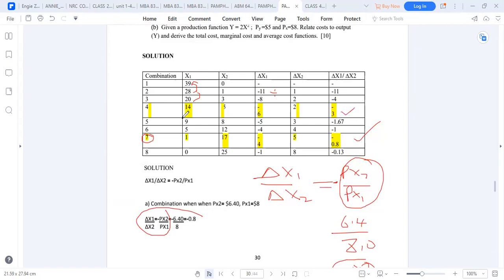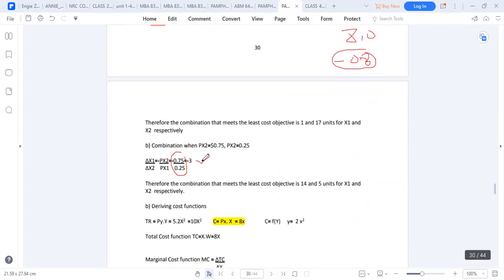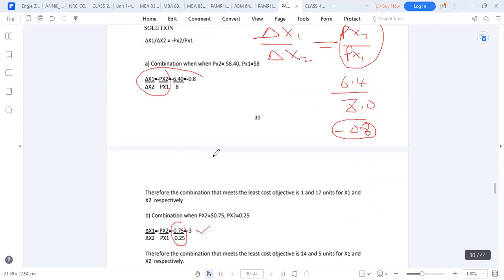It is here. So the combination that is optimal at those prices is what? 4, where X1 is 14 and X2 is 5. So is that clear? You don't need to redraw this table, it's already there. So the combination has been given. Are we together?